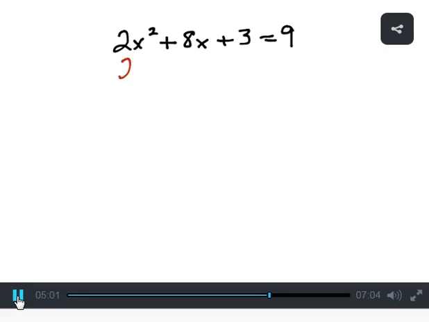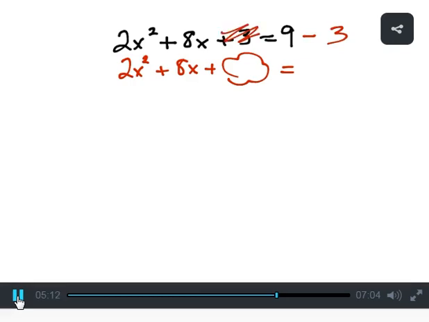All right, I'm going to get 2x squared plus 8x plus the perfect number is equal to 9 minus 3, which is 6 plus the perfect number. All right, as you're looking at this thing right here, something should have jumped out at you.